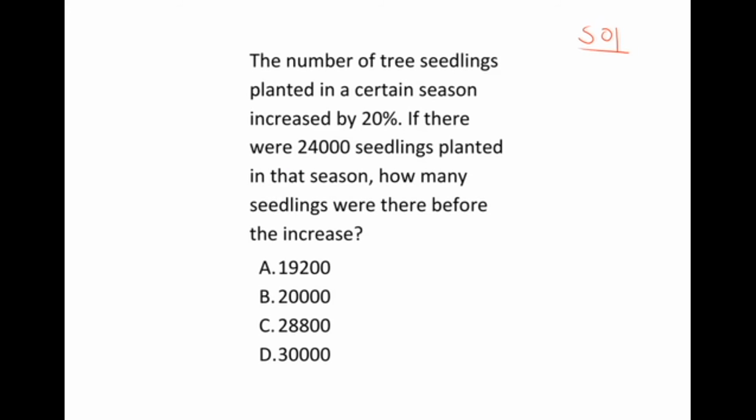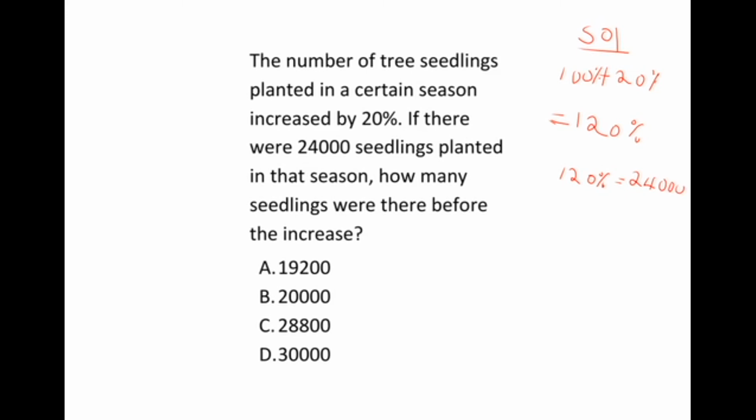Now, we are told that they increased by 20%, and we are told there were 24,000 seedlings planted in that season. Therefore, we take this 100%, we add 20%, we get 120%. Therefore, 120% is equal to 24,000 seedlings.